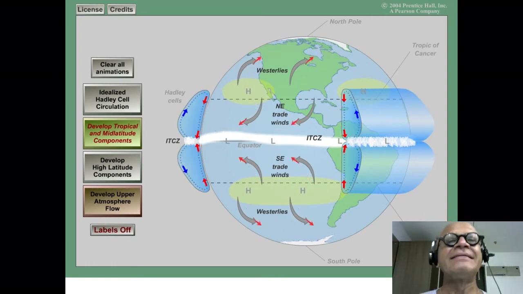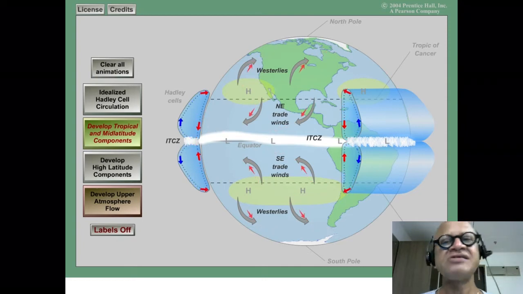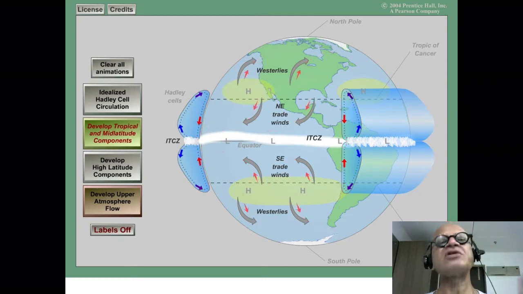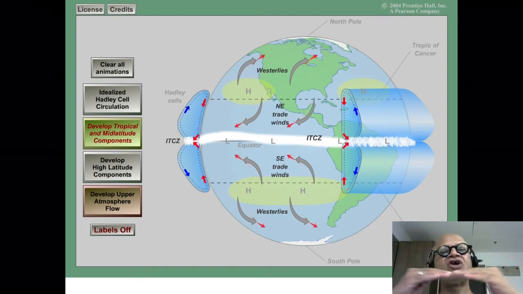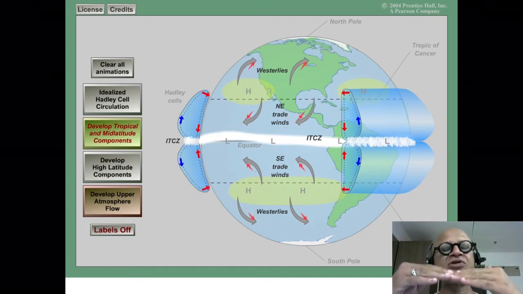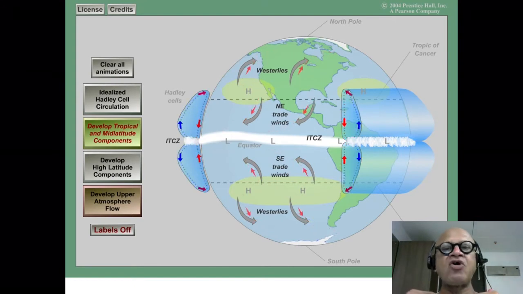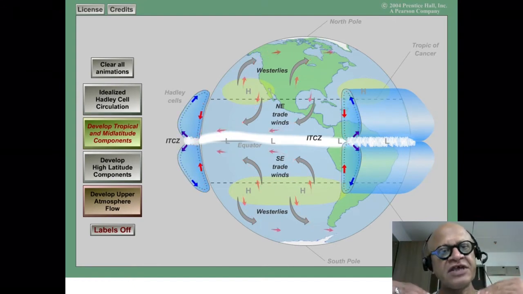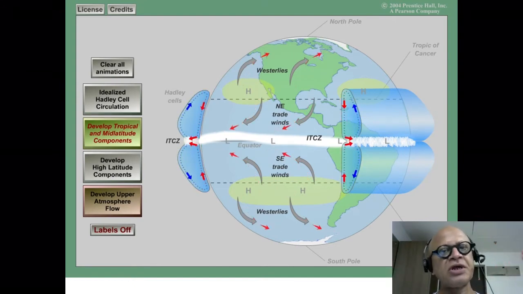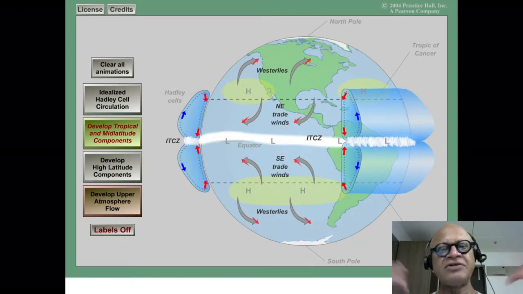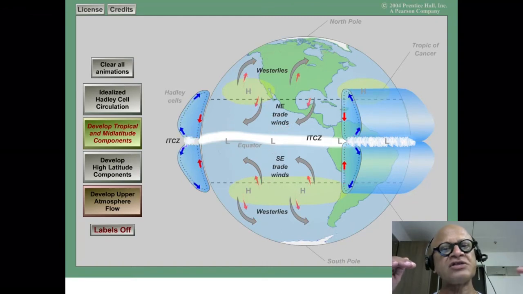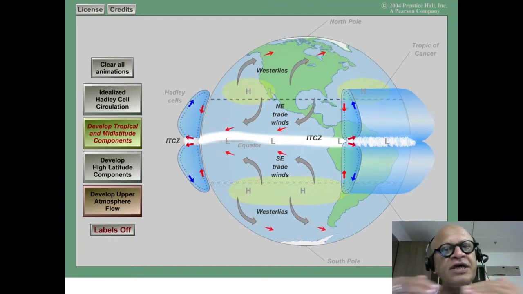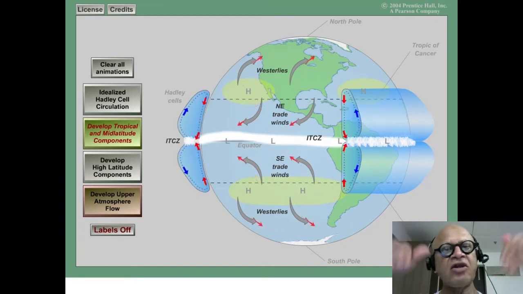Nonetheless, the ITCZ, the Intertropical Convergence Zone, is called intertropical basically because it is not on the equator; it's slightly into the northern hemisphere, as we will see later on, because of this asymmetry in the ocean heat content and land distribution. But nonetheless, the southeasterly trades and the northeasterly trades converge. Air is rising, expanding, and a lot of rain is happening.